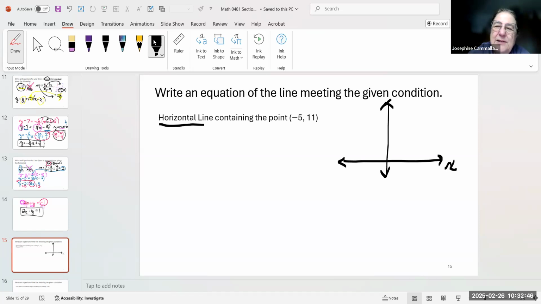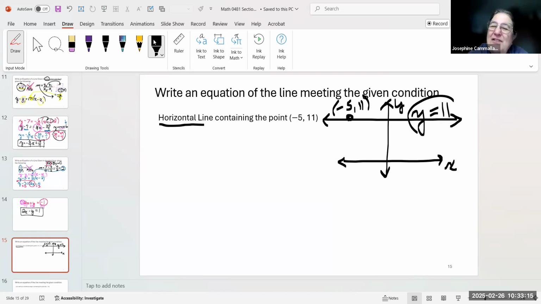This is my x. This is my y. Now my point is right here. Negative 5, 11. We want this line, which means that everything on this line has a y value of 11.